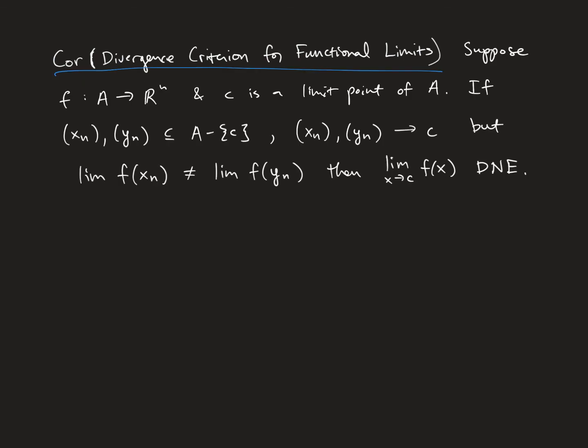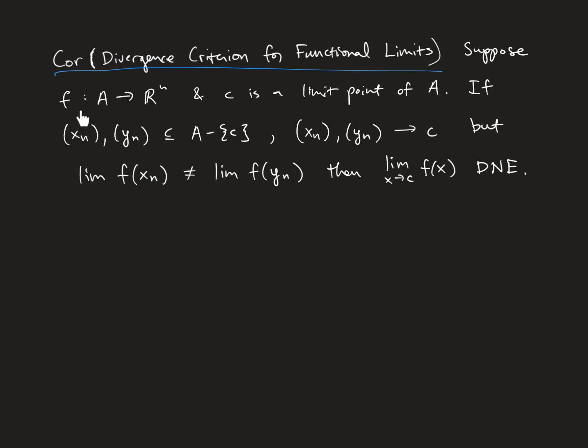So another corollary, which is nice, is a simple way of seeing that a functional limit does not exist. So this is a divergence criterion for functional limits. So the criterion for divergence is the following, right?